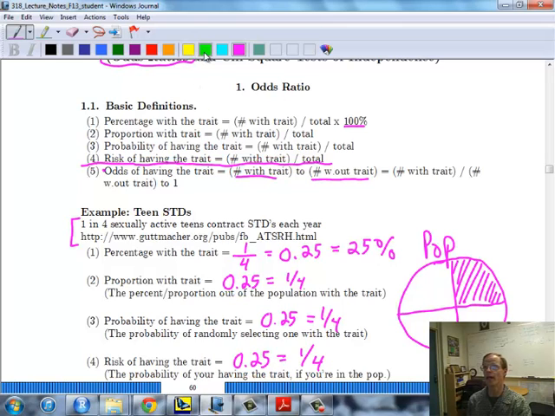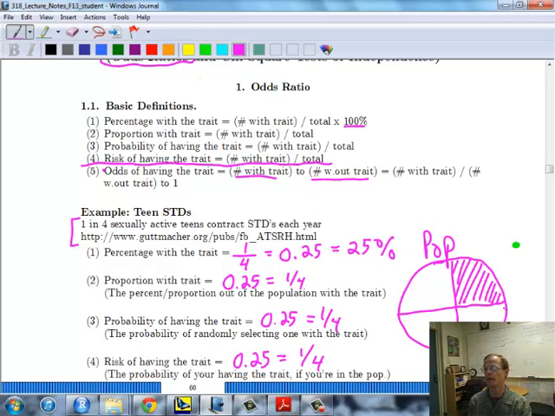We're thinking about an individual, and it's just this green dot here. If that green dot is somewhere in the population, what's the probability that it's in this group, the contractors? And then the risk spins a connotation towards you or towards this hypothetical green dot. What's the risk that you or this green dot lands in the contracted group?